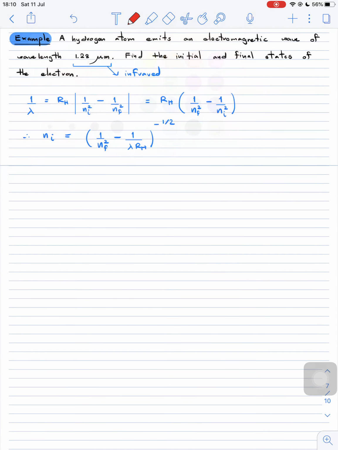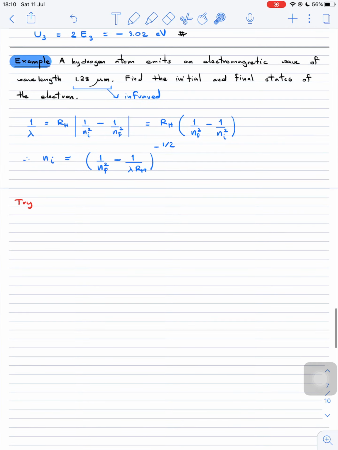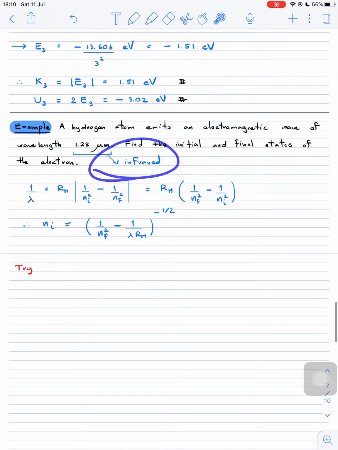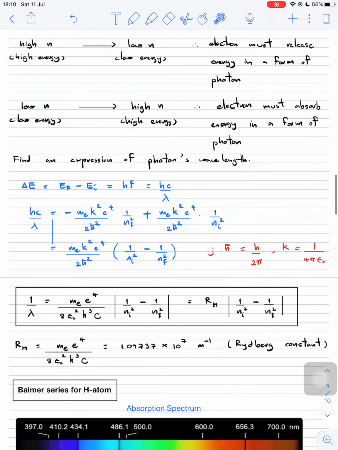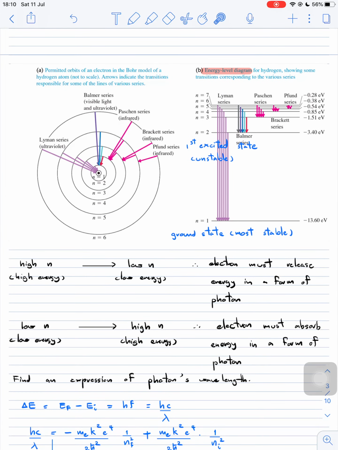So now let's try. For the infrared, the electron must move to n equal to 3, 4, or 5.